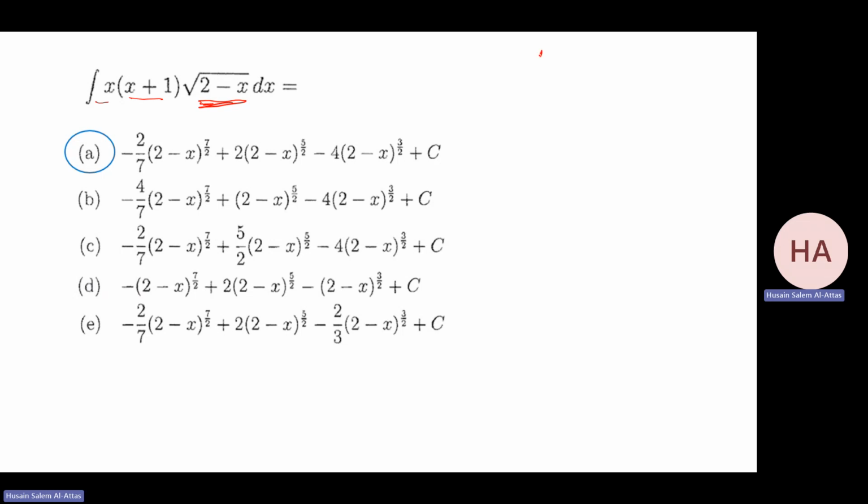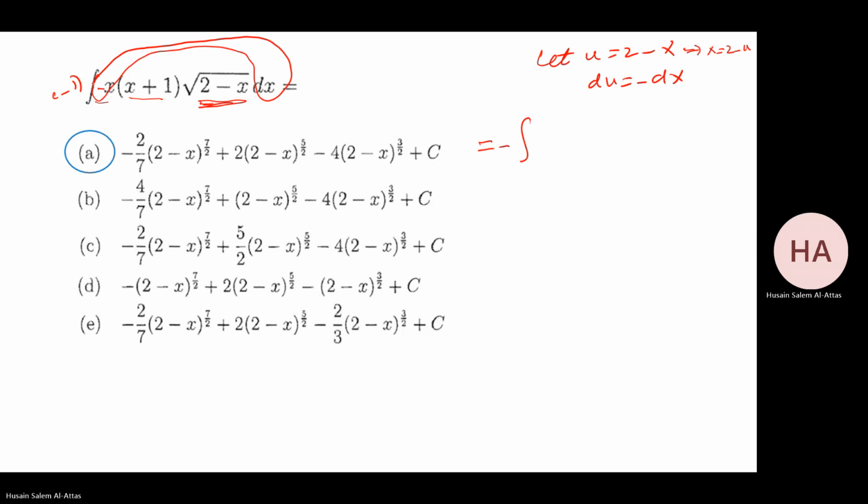So I let u equal to minus x. Du will be what? Minus dx, so I have minus and minus outside. And carefully, what will be x? x will be 2 minus u, so I'm using x now. So that will be minus integral, and this will be my du. I don't need the minus without the x.